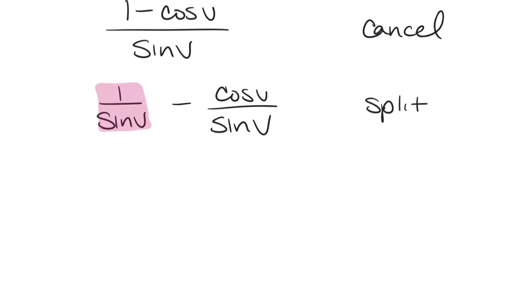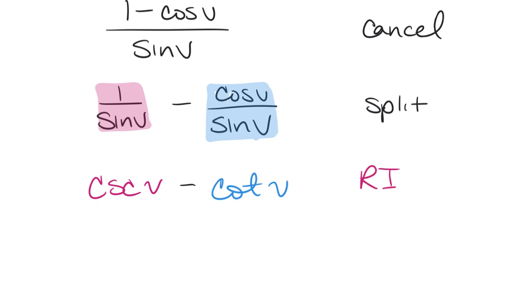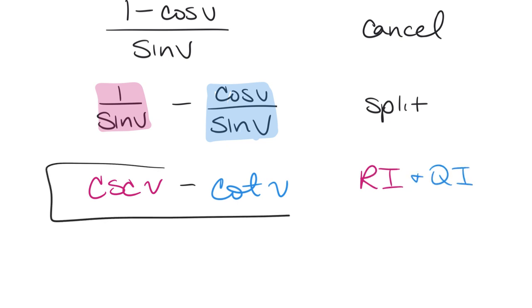Cosecant. So we can use that reciprocal identity to change this one to cosecant of v. And then again, we'll just do this all in one step because I can see it. What does this change to? Cotangent of v. So this one becomes cotangent of v due to the reciprocal identity and the quotient identity. And since I have two terms with no fraction showing, I'm done.